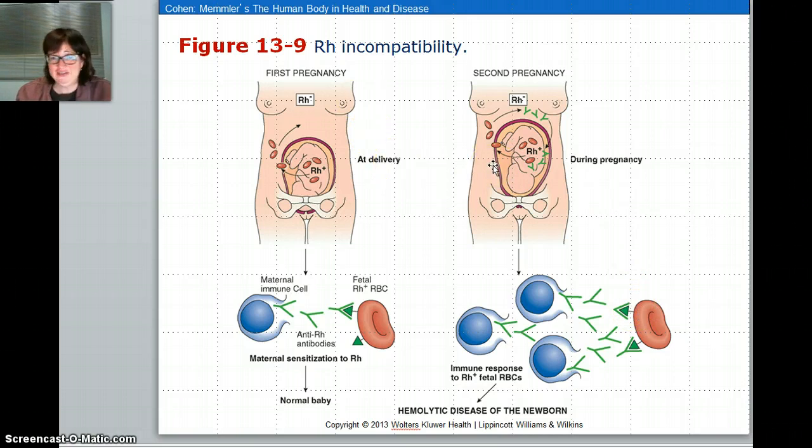You can't get a blood transfusion. Usually what they do is, if this situation happened, during birth they give the mother a shot to prevent these antibodies from forming. Without the antibodies, you can't attack. Okay, it's only a problem if Rh positive baby, Rh negative mother, second birth. Okay?